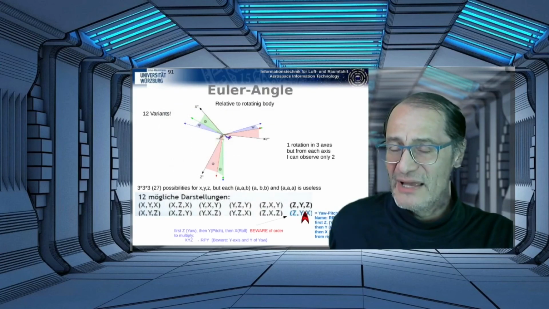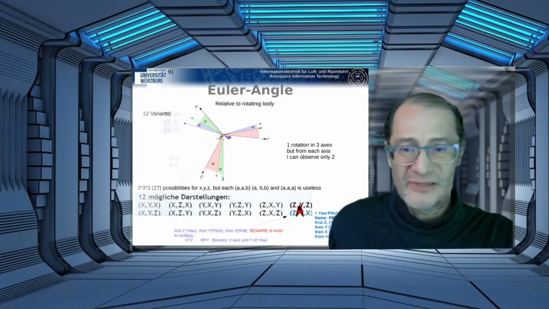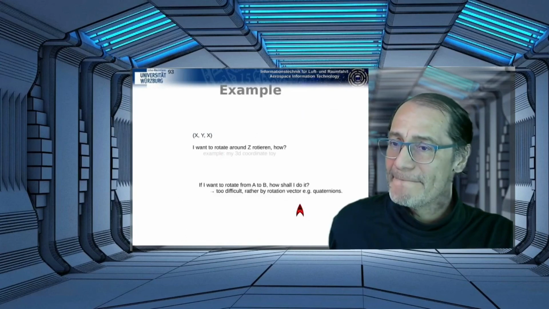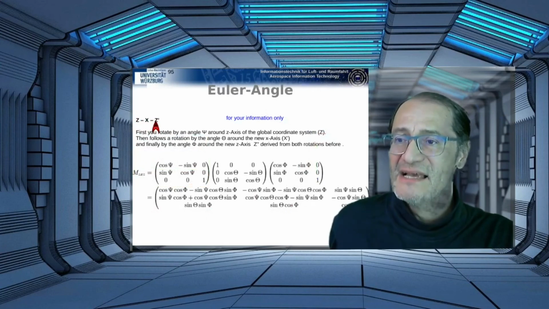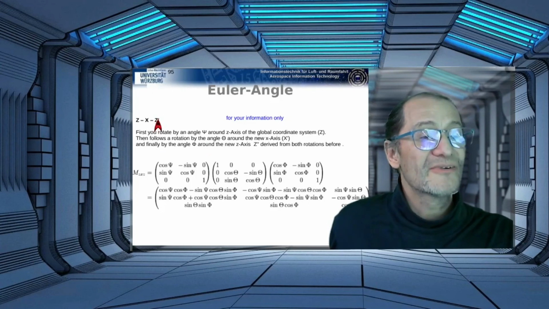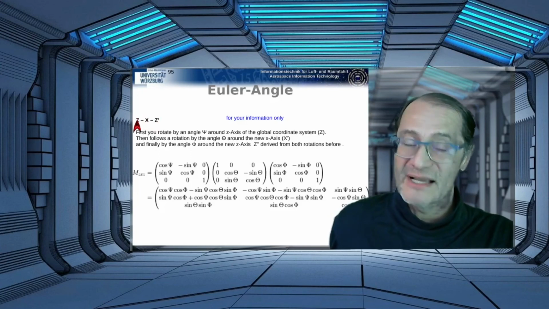Here we have combinations. Let's take any, this one, and let's try to create the rotation matrix for this. Here I have a rotation in this angle, in this axis, this axis, and this axis. And here is something special. I am writing here an apostrophe because after this rotation, this set is not the same as this. Now it has another attitude.